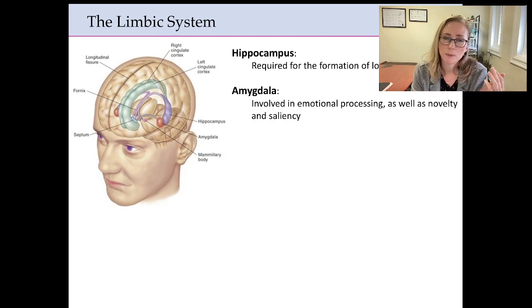And again, in the memory and learning chapter, we'll talk about it a little bit more. He could remember everything that happened before the surgery. He can remember his childhood and everything in his adult life. But since the surgery, he wasn't able to make any new memories. So memories are not inside of the hippocampus. Otherwise, if he had it removed, he wouldn't be able to remember anything. But it's required to form new memories.